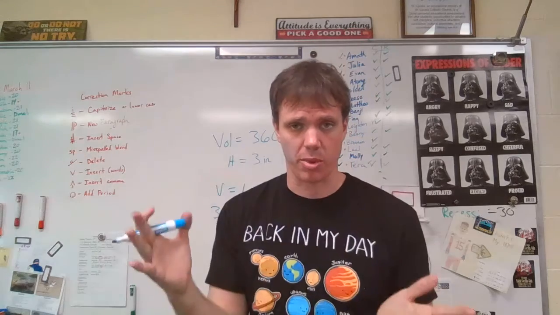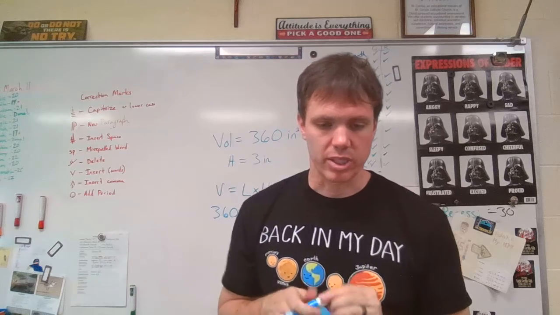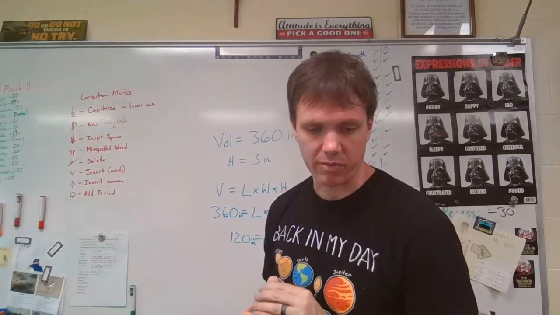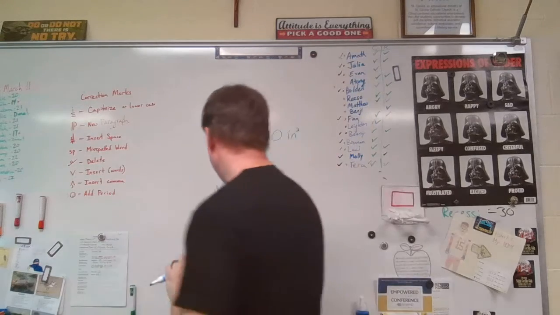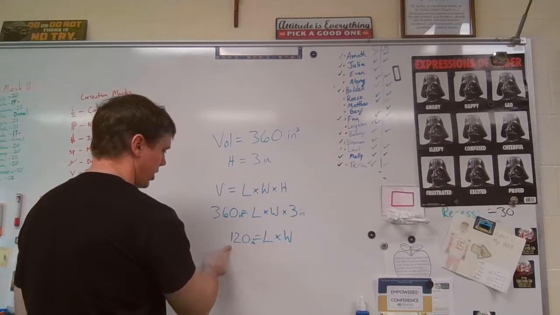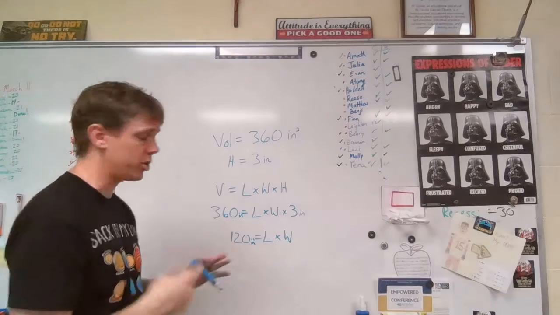Okay, so all of them are 3 inches or greater in any direction. How many different paving stones, each with a different size base, have a volume of 360 cubic inches? Okay, so really what we need is what two numbers multiplied together are going to equal 120, where the numbers can't be 1 or 2.